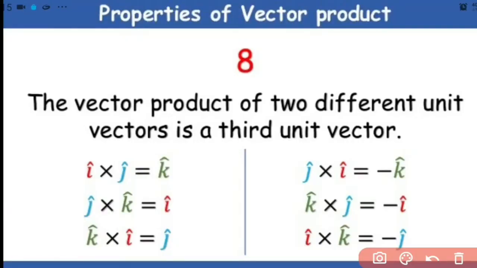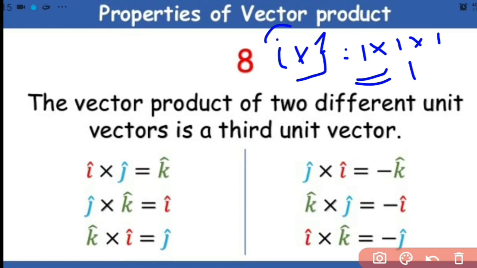So i cross j is equal to ij sin theta, that is 1 into 1 into sin theta, where the angle between i and j is 90 degrees. Sin 90 is 1. So i cross j has magnitude 1.